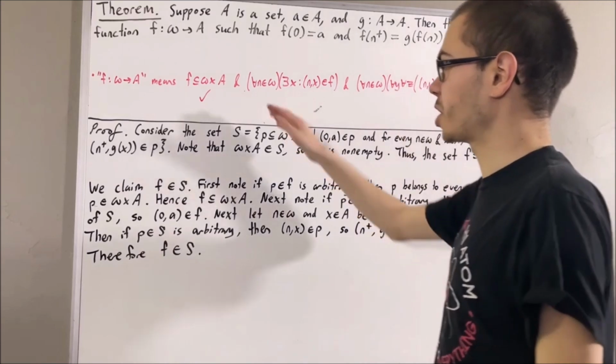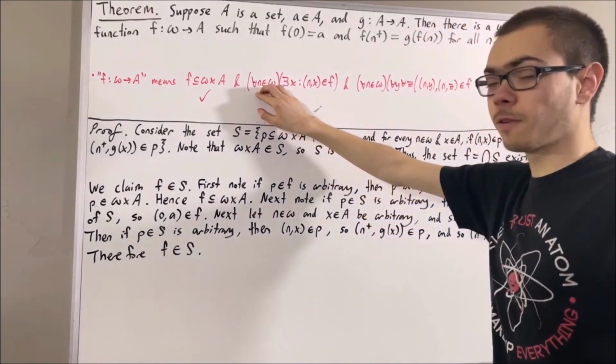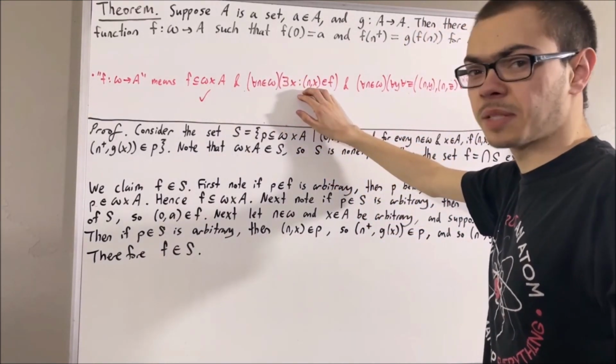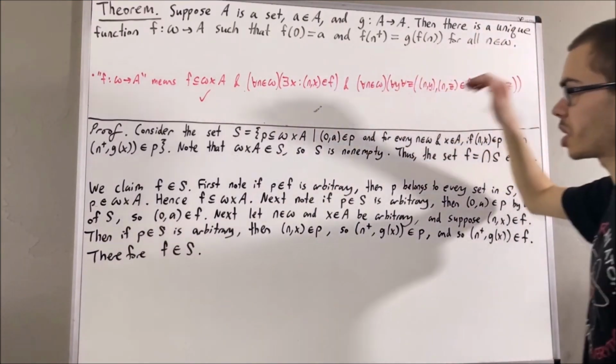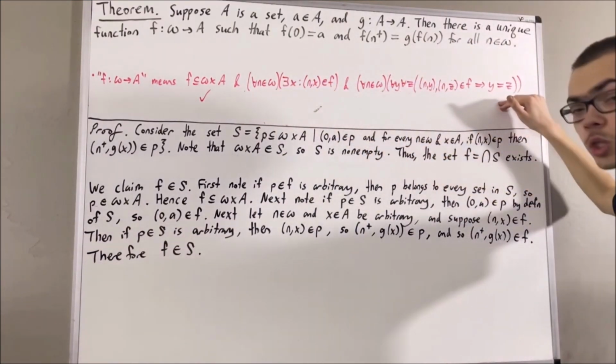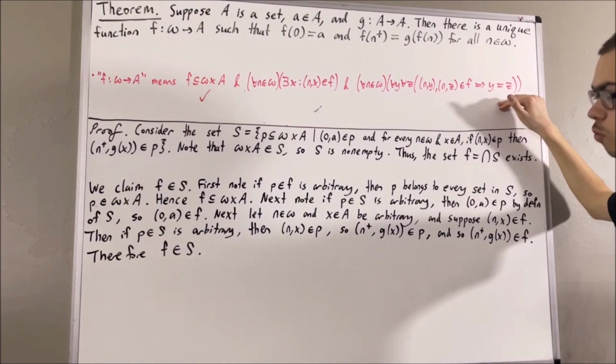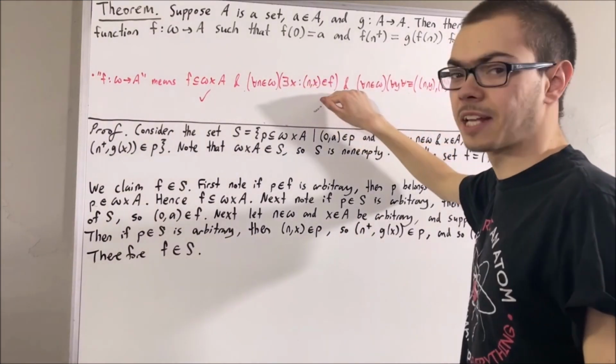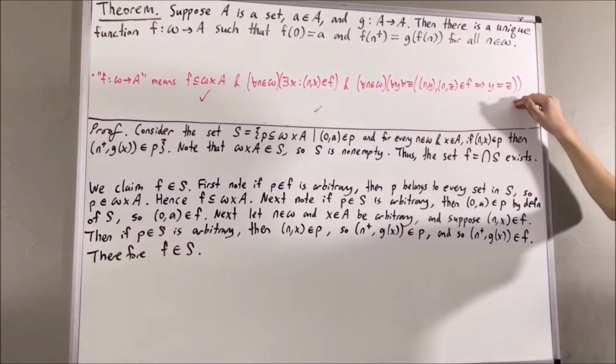So we've essentially just distributed the universal quantifier to the existence part and the uniqueness part. So essentially we have two statements we are going to prove. We're first going to prove the existence statement, and then we're going to prove the uniqueness statement.